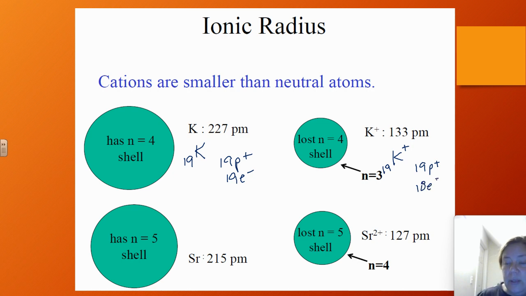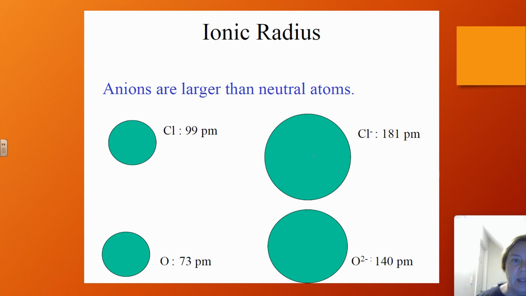Since we're holding on to fewer electrons with the same number of protons, our effective nuclear charge is actually greater. Because we have more protons holding on to fewer electrons, they're held tighter, so the actual atom is going to be smaller. That's why cations are smaller than their neutral atoms.